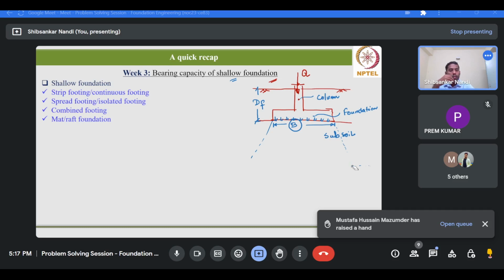First of all, you have to distinguish between two terms. Suppose this is the plan area which you are rightly talking about. So 20 meter by 30 meter. This is 20 meter suppose, and this is 30 meter. Now, in this area, as per the design, you need to construct some small footings.